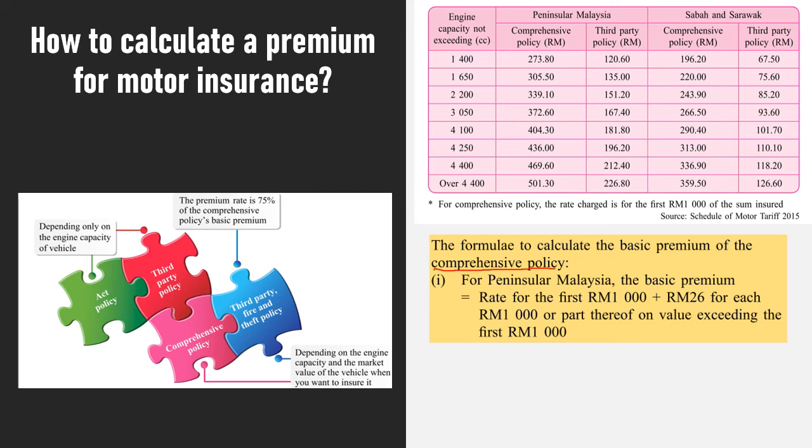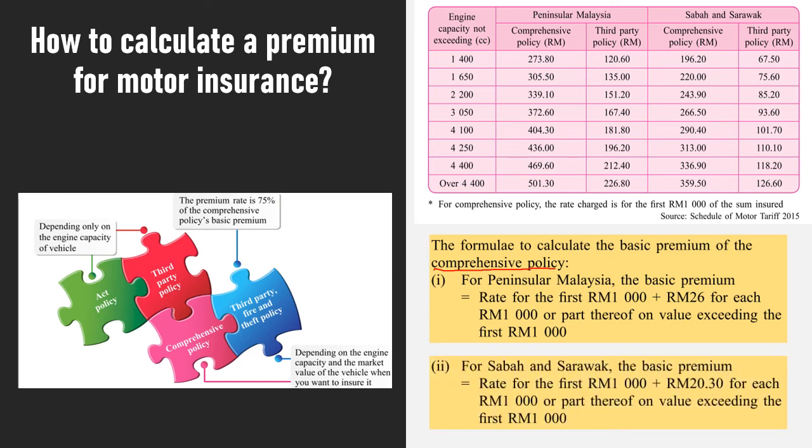For Peninsula Malaysia, the basic premium is the rate for the first 1,000, and then for every subsequent 1,000, you just need to add on 26 ringgit for each 1,000. However, for Sabah and Sarawak, for the first 1,000 you can follow the table, and then for every subsequent 1,000, you need to add on 20 ringgit and 30 cent.